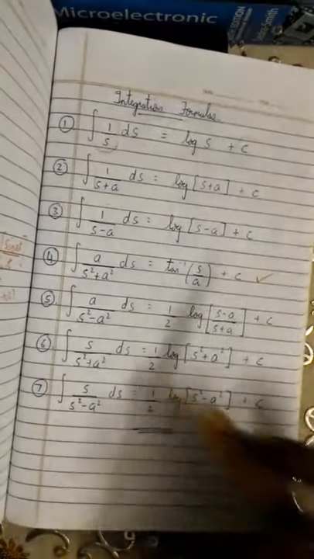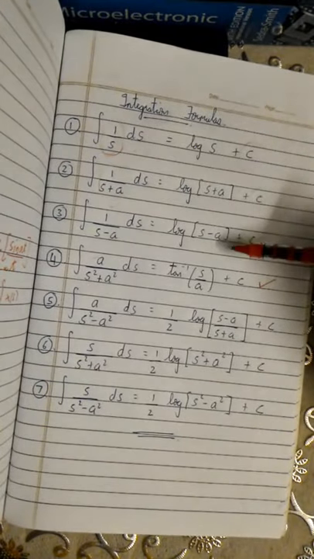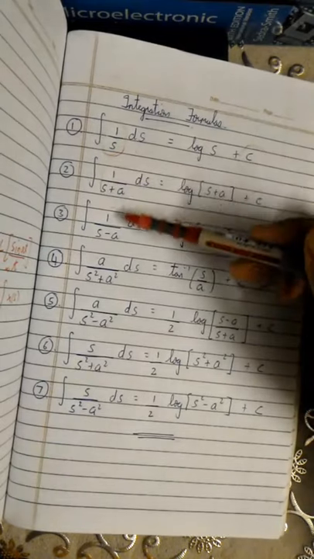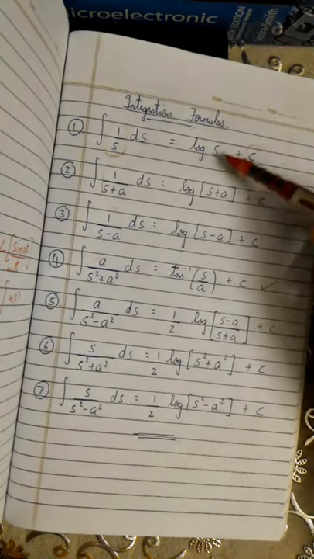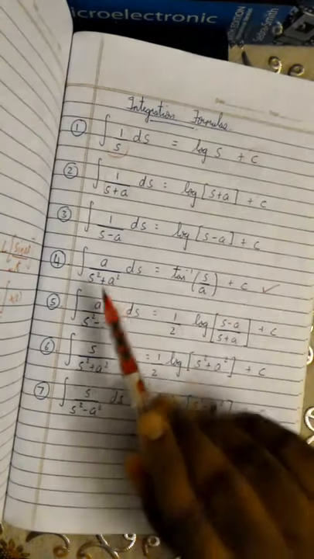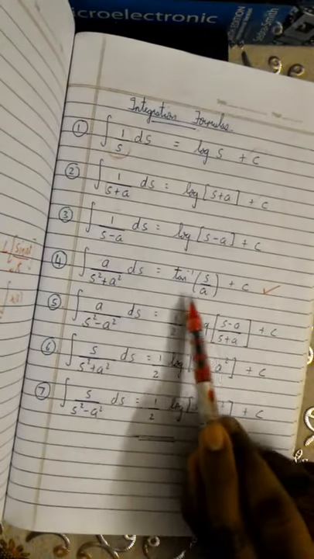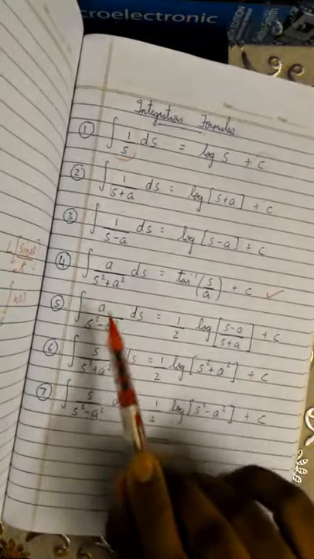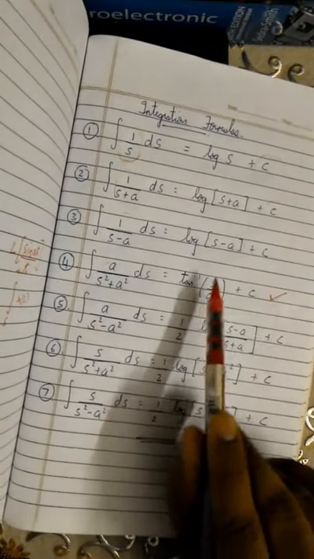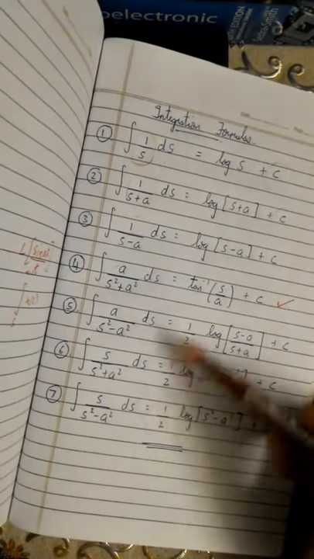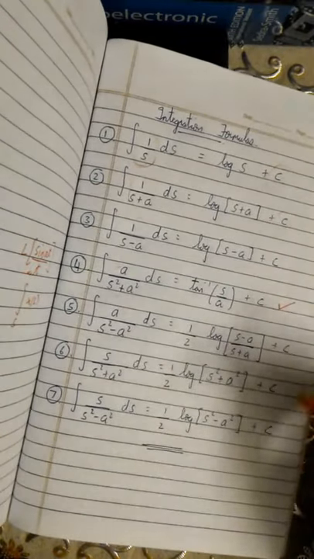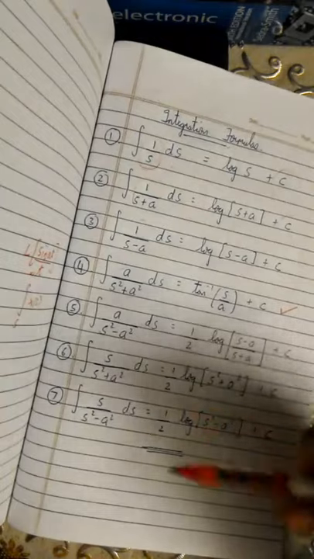Like I said, the first 3 formulas are very easy. Just take the reciprocal over here and write the log of that reciprocal. Here you have to remember this formula, the only one you need to remember: the integral of a by s square plus a square ds is equal to tan inverse s by a. Even if you cannot remember these 3 formulas, it is still okay, because you can derive them while doing the problems.